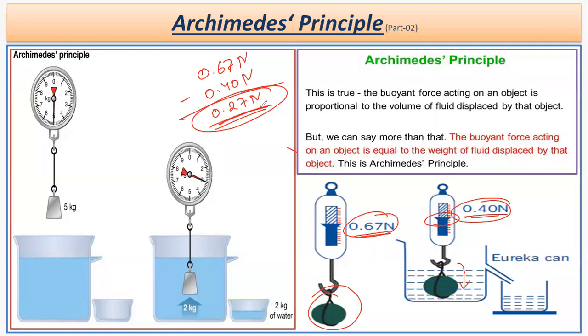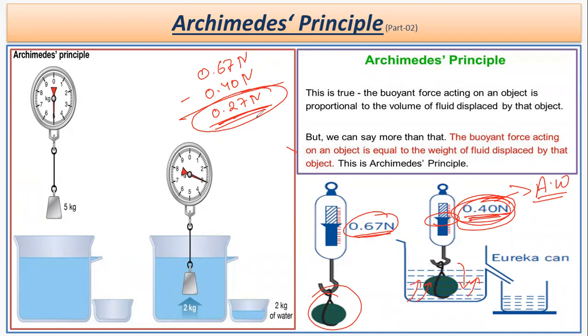So this is the reduction of the force, because the liquid is exerting a force over here. So in this case, this is our apparent weight. It hasn't gone to zero, even though there was a force acting from the liquid, and that force was 0.27 Newton.